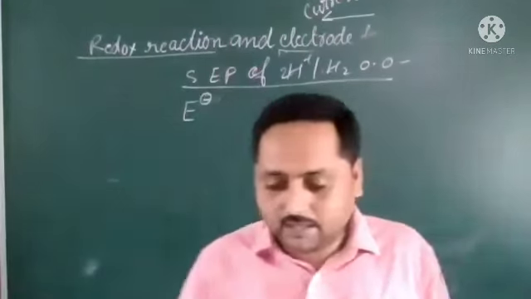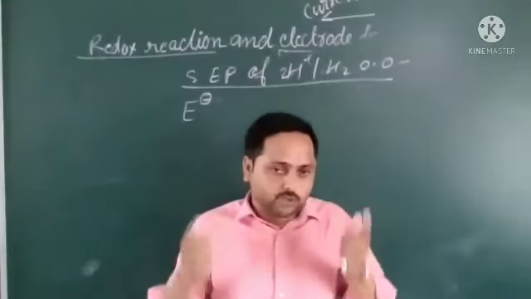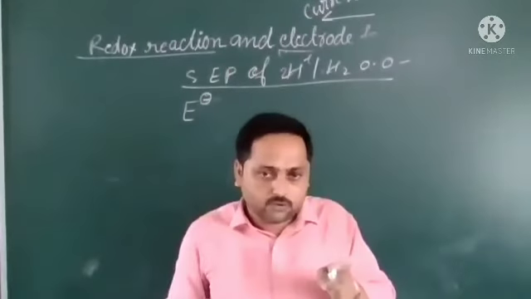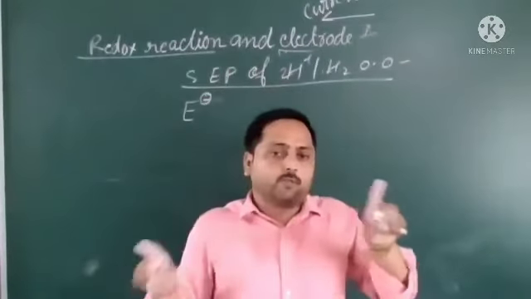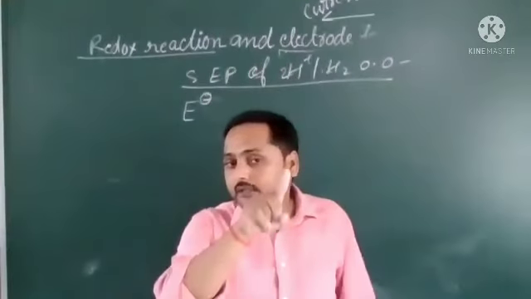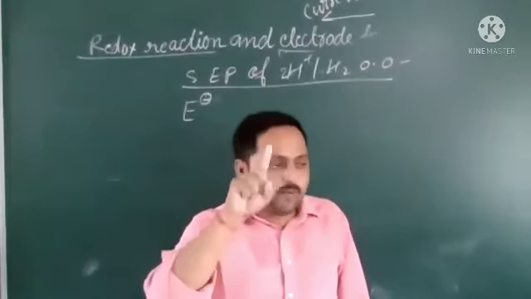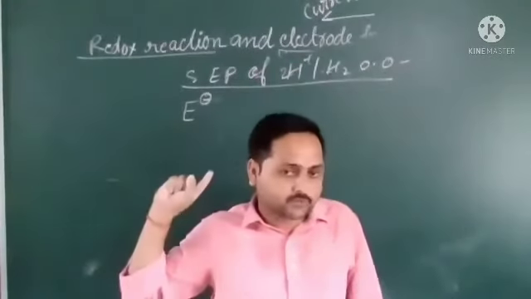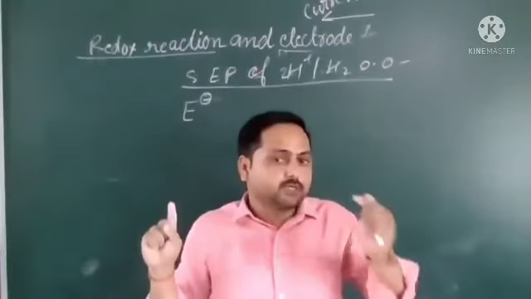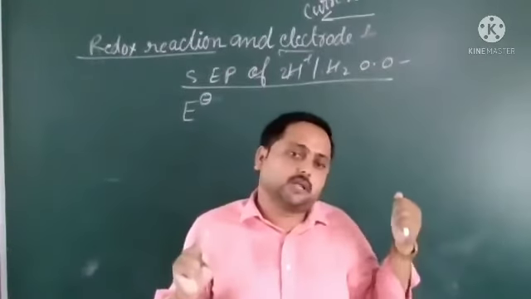One more time: the standard electrode potential of hydrogen is 0. If the electrode potential of any electrode is negative relative to hydrogen, it is a higher reducing agent than hydrogen, and if it is positive, it is a lower reducing agent than hydrogen.